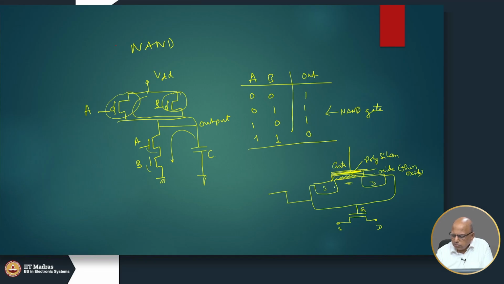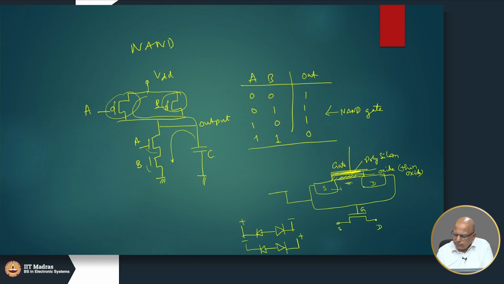but it will not be a large value because there are two diodes. There is a diode here, and there is another diode here, and they are connected like this. No matter whether you make this plus or minus, or this minus or plus, one of the diodes will be reverse biased.